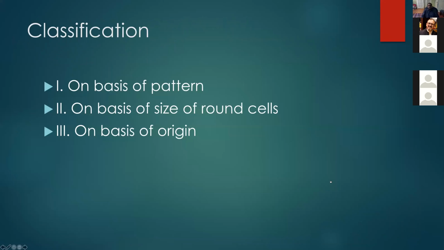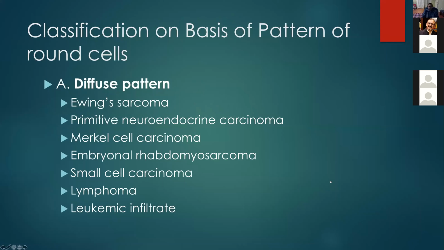So one of the ways you can classify this is on the basis of pattern or basis of size or basis of origin. Okay. So if it's a basis of pattern, those of you who have looked at study sets or have seen these tumors will be familiar with a diffuse pattern. Diffuse pattern can be seen. And by the way, when I show you the subsequent slides, you might see they are across the board, have commonalities.